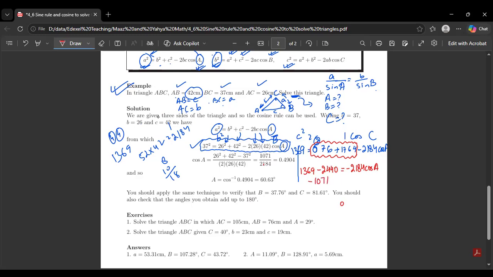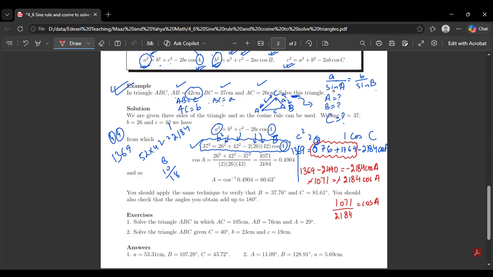And on the right hand side, you have 2184 cos A. Now we can cut these two minus signs, and now we are left with 1071 divided by 2184 equals cosine A. This is how you make the subject cosine A, okay?